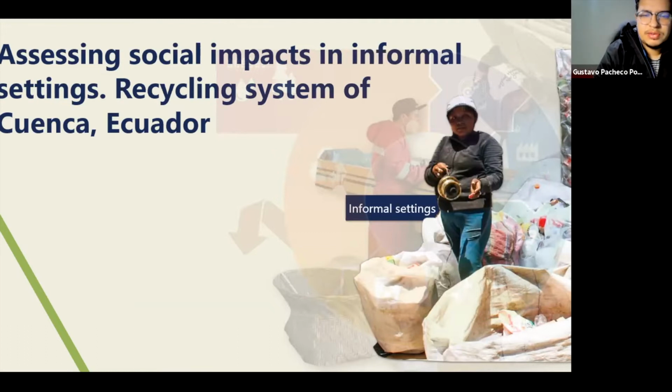Our previous experience road testing the new SLCA guidelines, through assessing the informal recycling system of Cuenca in Ecuador, showed different aspects that could be refined for assessing e-waste management in this specific city through a specific project we are running right now.